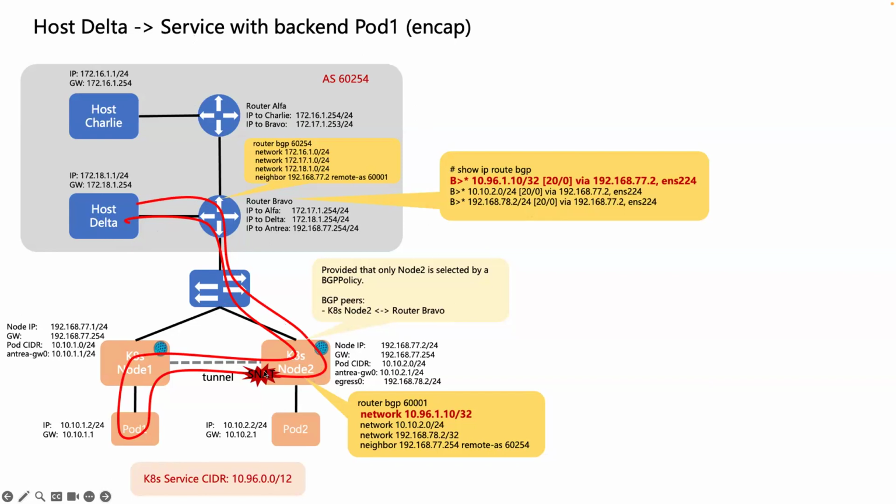We do DNAT here, and masquerade the source as the IP of antrea-gw0, then through the tunnel to node 1, then to pod 1. Then the reply packet goes back to node 2, and then is forwarded back to the router, and finally back to the client.